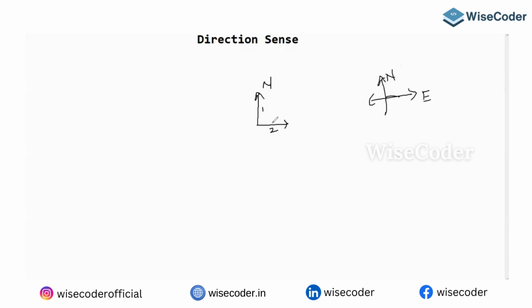From this position, 135 degrees anti-clockwise. So this is east, this will become 90, and now he is going in this direction. This is step number 3, because this is 45 degrees, and he turned 135 degrees anti-clockwise.